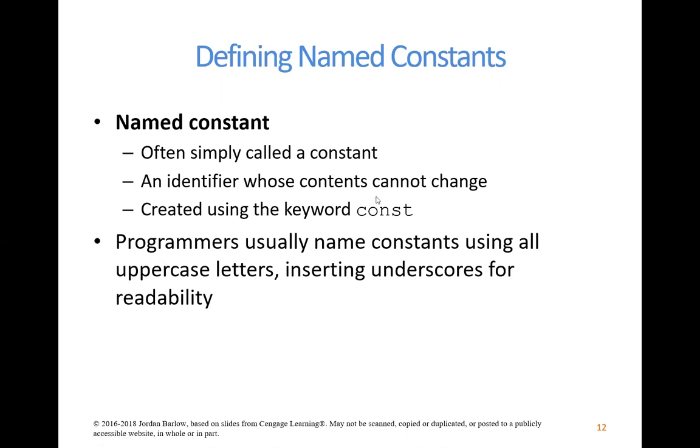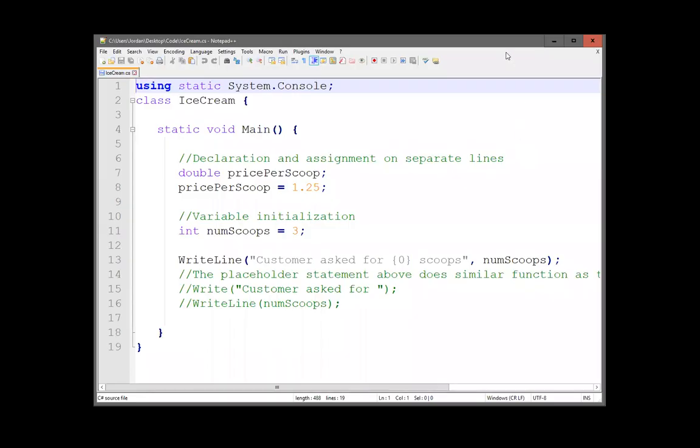Now in this video, I'm looking at my code using Notepad++. I wanted to do this because now that we're getting a lot of different things going on in our code, I wanted you to be able to see things more clearly. Notepad++ is nice because it uses color coding, so it's easier to look at the code. All of the comments are in green. The keywords are in purple. The literal strings are in gray.